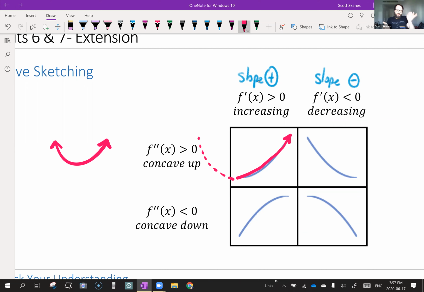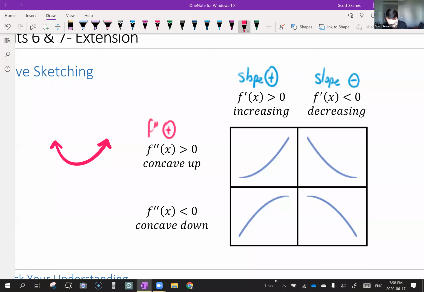Half of a skate ramp or whatever you want to call it. Half of a curve. So both of these are parts of an upward curve, which is why its second derivative is greater than 0. Or we can also say the second derivative is positive. We can say concavity is up. It all means the same thing.